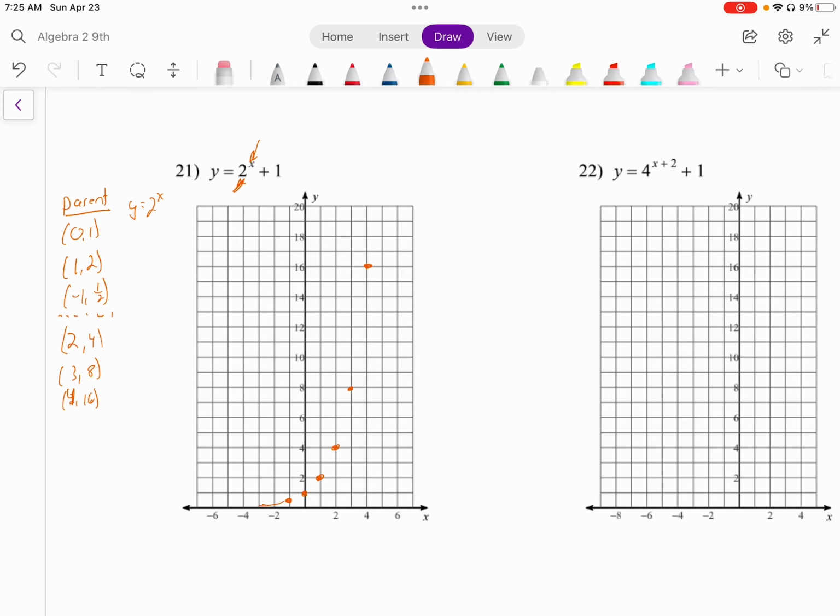In orange, there's a horizontal asymptote at the x-axis. Now we're adding one outside of the exponential. We're not adding 1 to x, we're adding 1 to 2 to the x. This is going to move our function up 1. So our actual function we will do in blue, and we're going to move every point up 1.